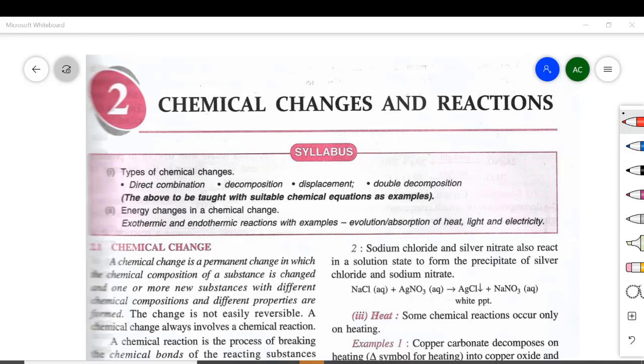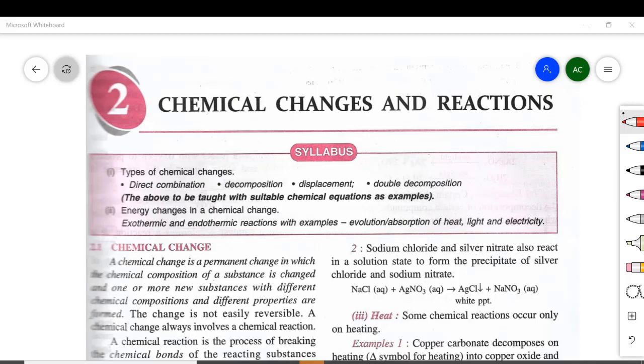This new substance will be different in properties from the parent substances from which it is formed, and it is a permanent change. That means it cannot be easily reversed. It needs a chemical process to get reversed, and heat or light may be involved in the chemical reaction.